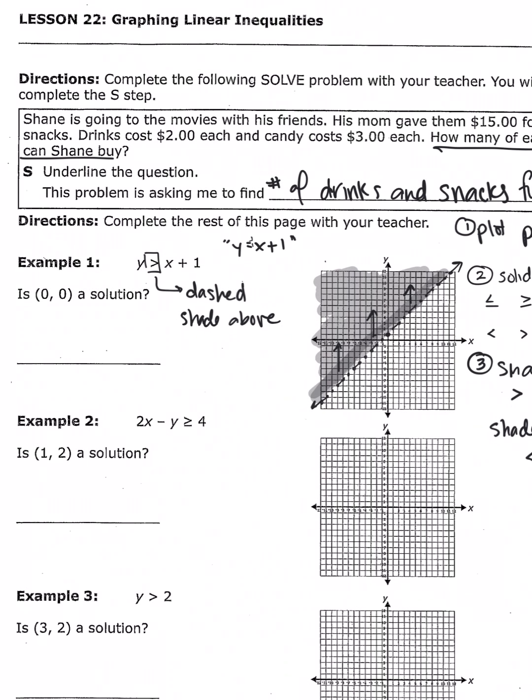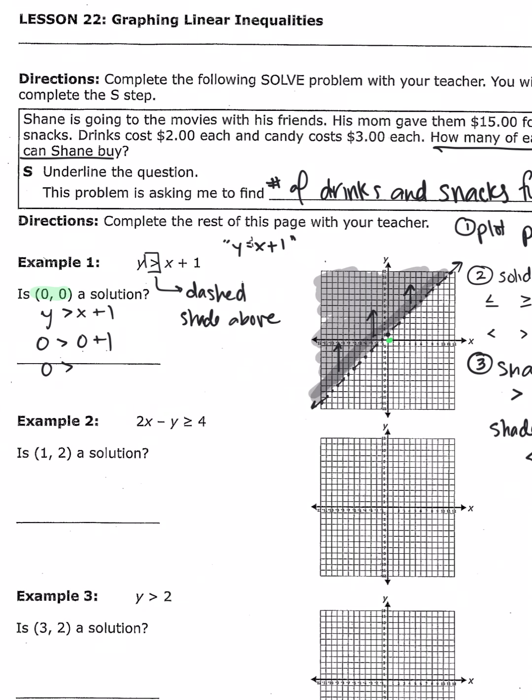Another way that I can determine which side of the graph I color in is to check a point. So we can check if 0, 0 is a solution. And on the graph, 0, 0 is right here. So when I substitute that x and y value into my equation, I am checking if that point works in my inequality. So this would be 0 is greater than 0 plus 1.